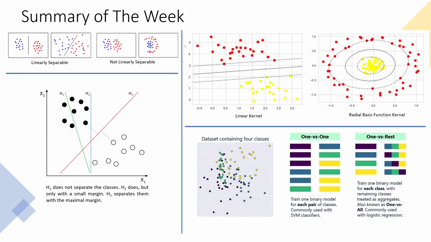Either we can train one-versus-one classifiers, or we can train one-versus-rest classifiers. And we lastly did two examples with support vector machines with one-versus-all. We made a 3-class example, and after that we made a 10-class MNIST database example. So that was it for today's lecture.